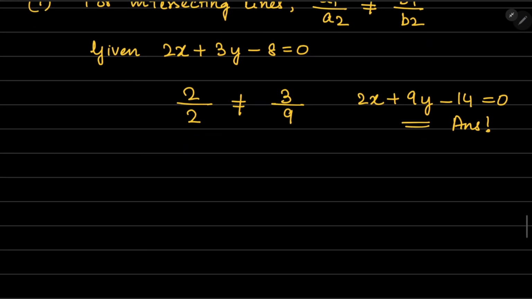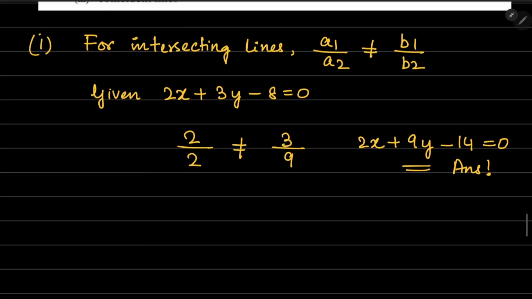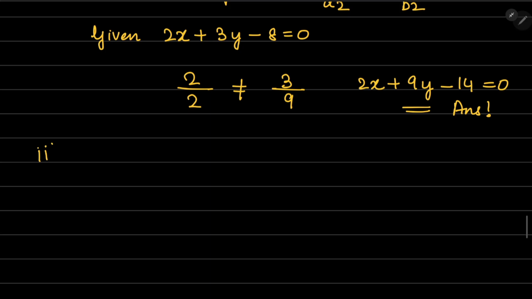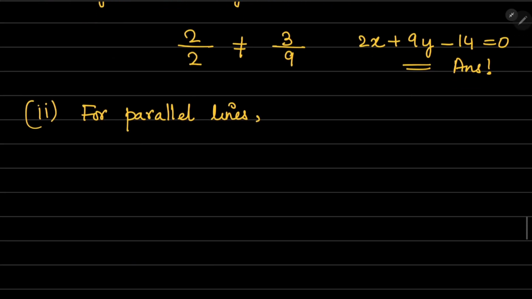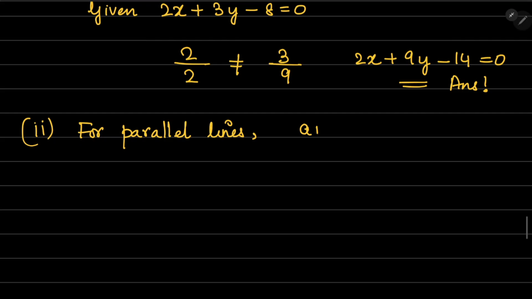Now, let's move on to the second one. Okay, the second one is nothing but parallel lines. So what is the condition for parallel lines? a1 by a2 can be equal to b1 by b2, but it cannot be equal to c1 by c2.